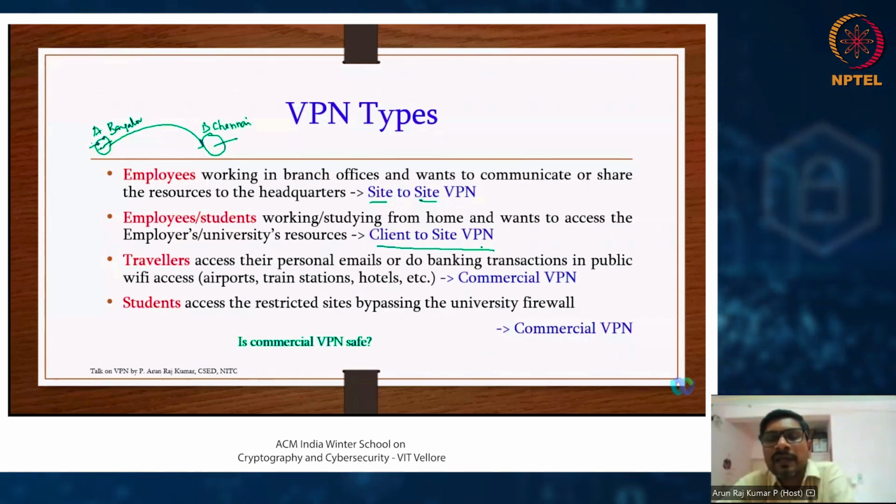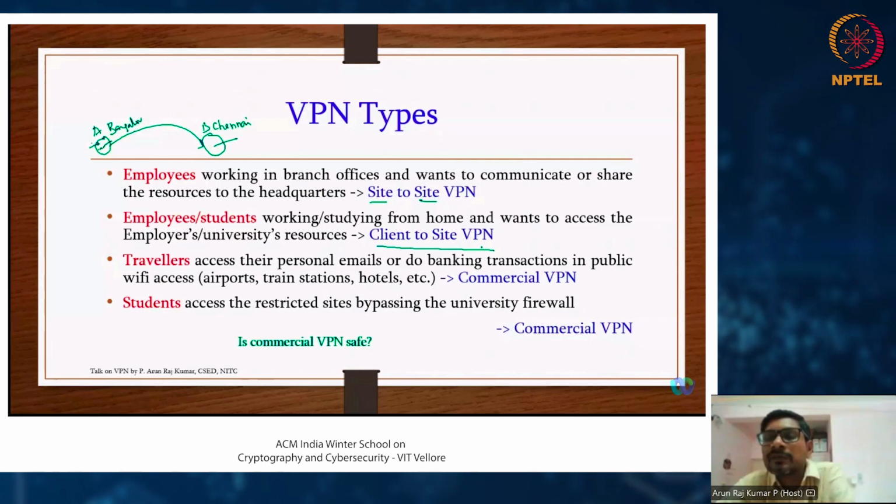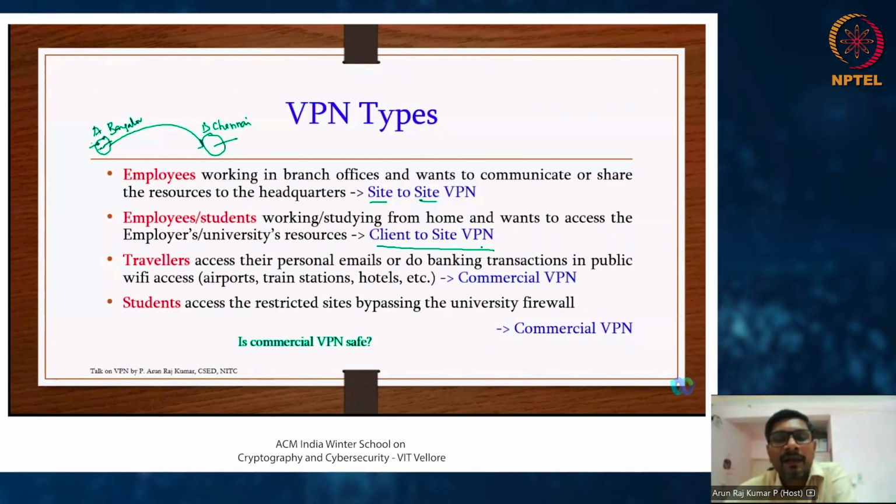And there is also a survey on how many VPN users there are. There are many millions of VPN users across the globe, especially those who want to access public Wi-Fi hotspots. And students access restricted sites, bypassing the university firewall. This is also an example of commercial VPN.